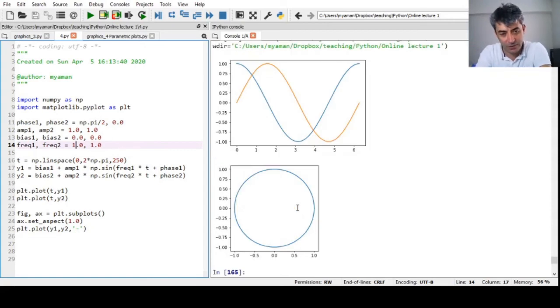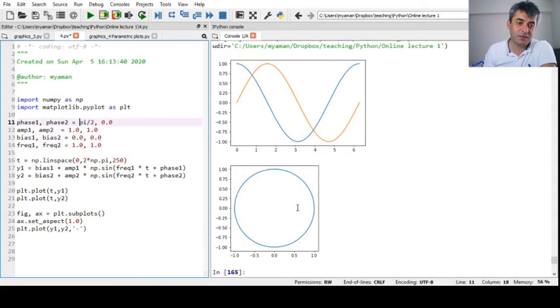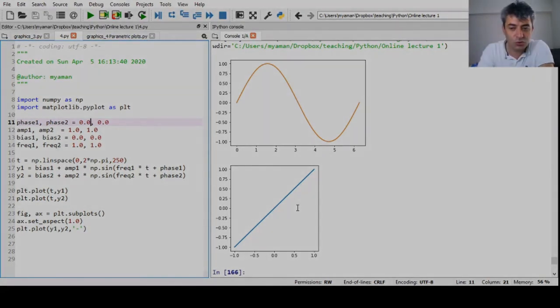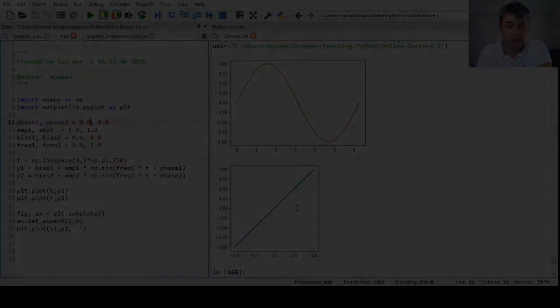Okay, so I have my circle, and finally removing the phase, we have this single line. I hope you find this interesting. That is a phase representation of two sine and cosine functions.